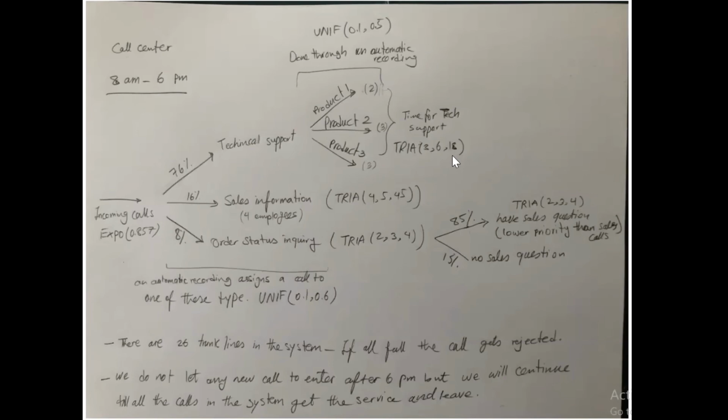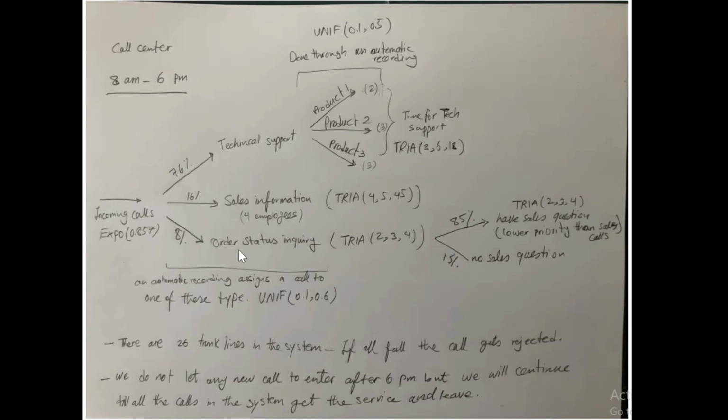Okay. And if we get a sales call, we have 4 employees assigned to the sales calls, and the time to process a sales call has triangular distribution, minimum 4, mode 5, and maximum 45.